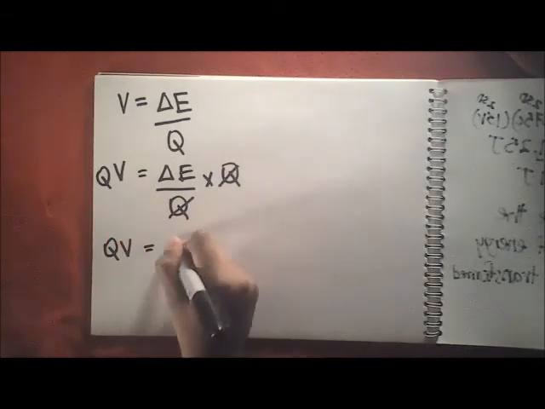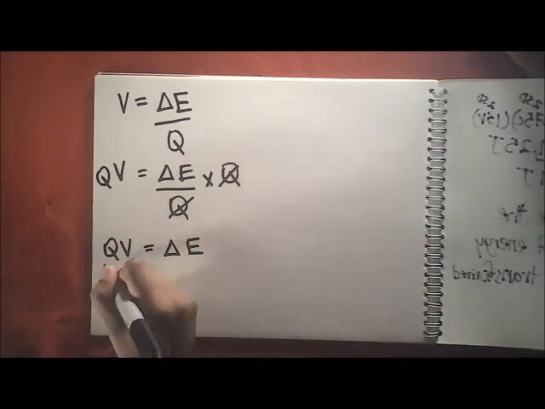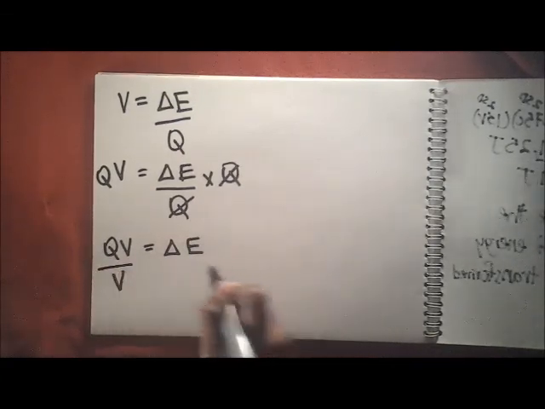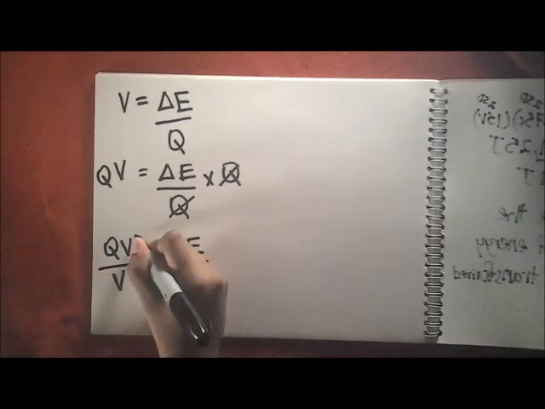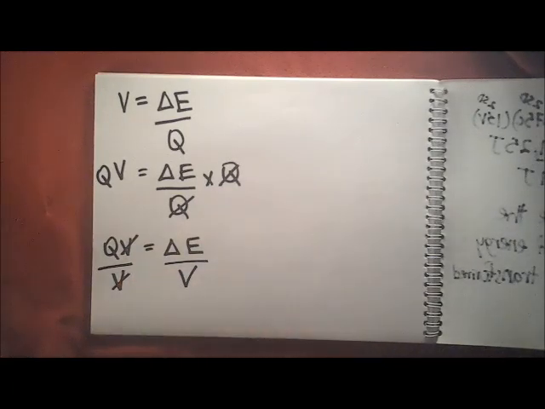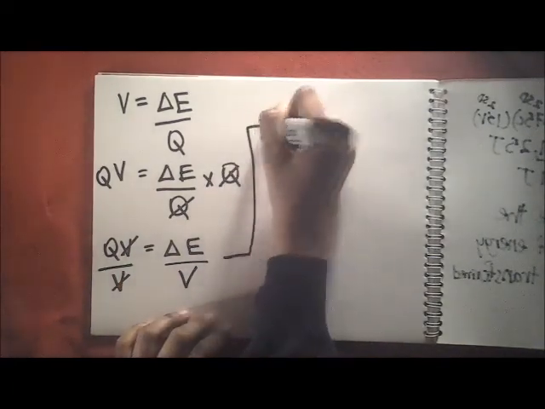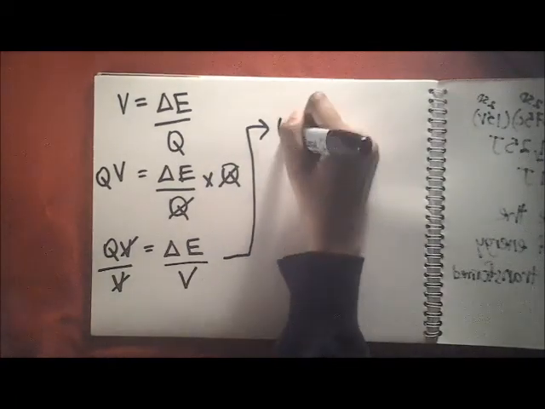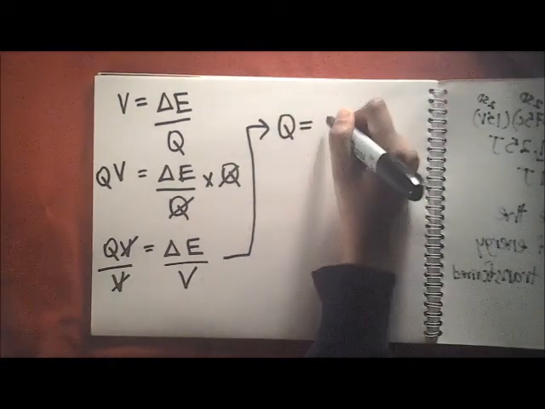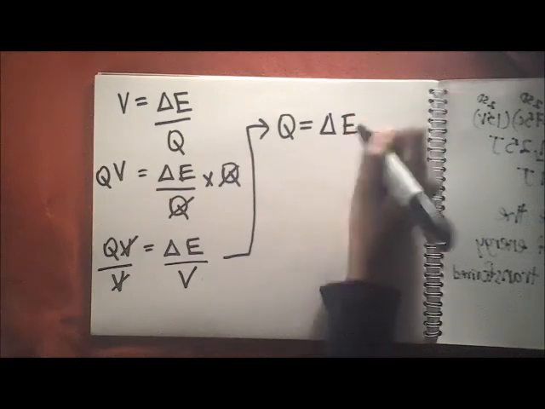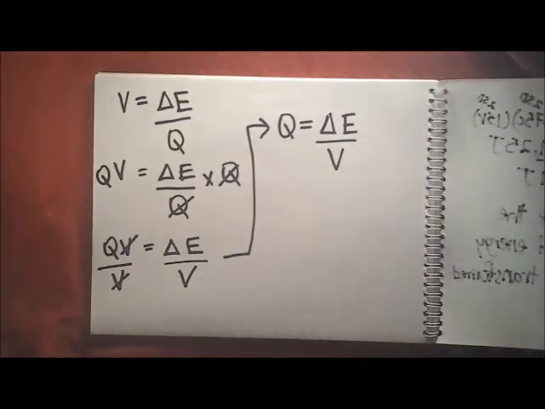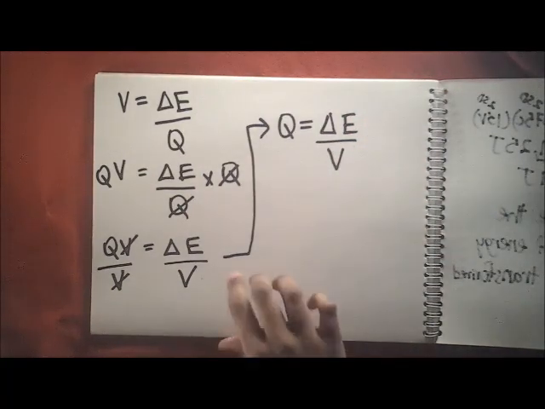Next, we divide the voltage on one side to move it onto the other side of the equation to leave charge on its own. So, the final rearranged equation should be Q equals energy divided by voltage.